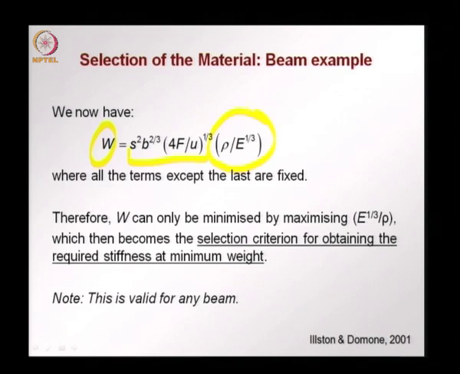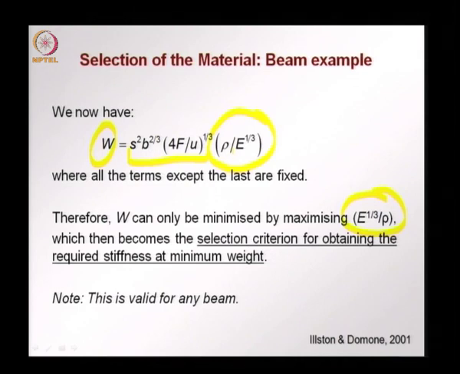So, what we now find is that if we want to minimize the weight, if we want a beam which weighs very little but still gives us the required stiffness, then we have to maximize this parameter. We have to maximize E to the power of 1/3 divided by rho, or to decrease the weight we have to minimize rho divided by the cube root of E.